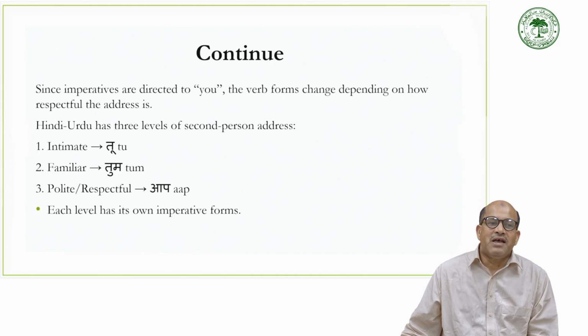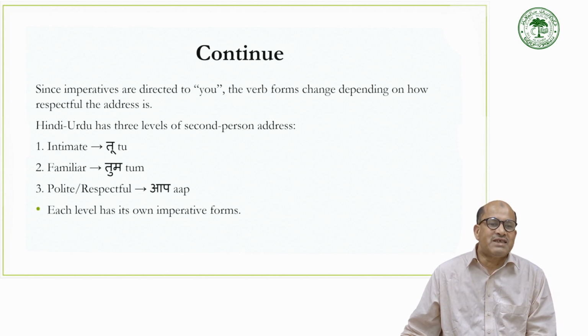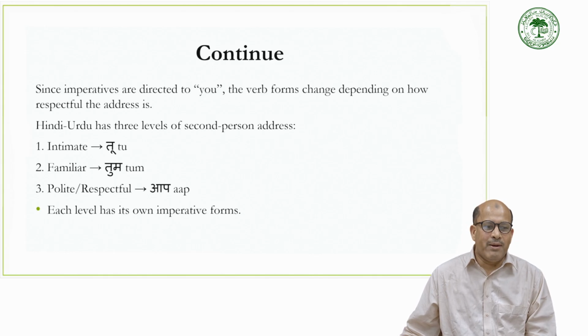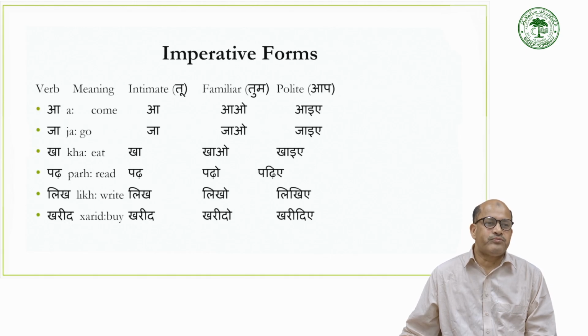Since imperatives are directed to you, the verb form changes depending on how respectful the address is. Hindi Urdu has three levels of second person address. Those are intimate, that is tu, familiar tum, and polite or respectful aap. Each level has its own imperative form.